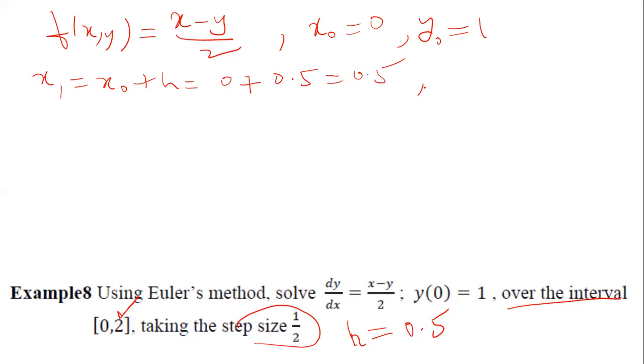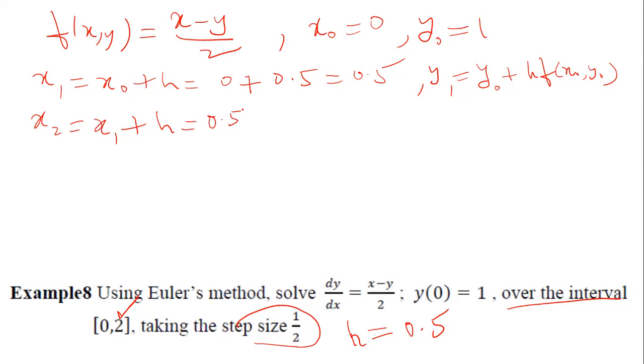Then corresponding to this, you can find the y1 value. Y1 will be y naught plus h, f of x naught, y naught. Then you can obtain the next point, x2, which is x1 plus h. x1 is 0.5 plus 0.5, this will be 1.0. This will be your y2.